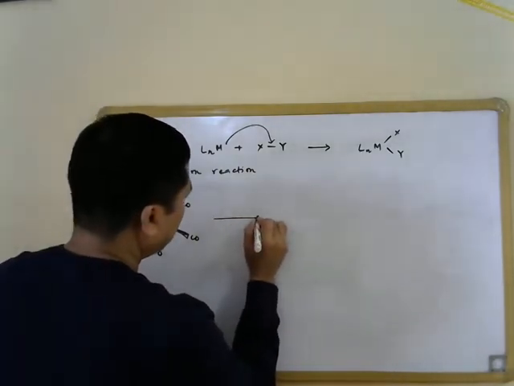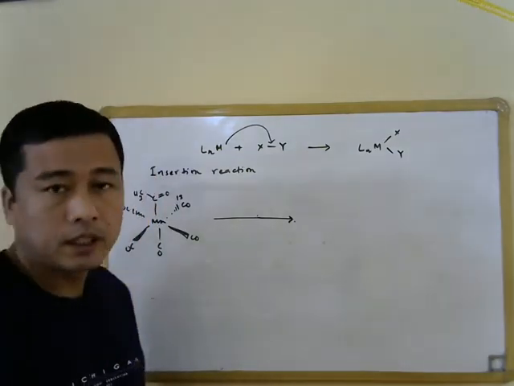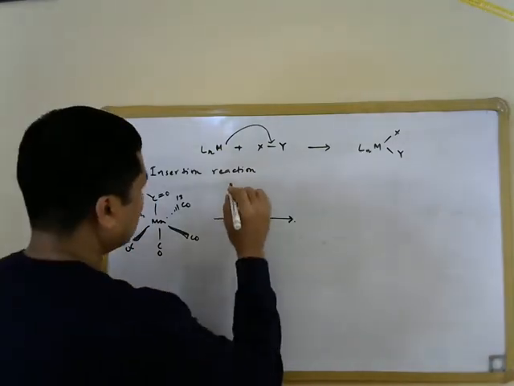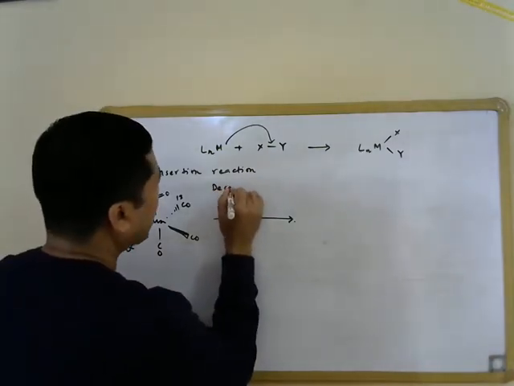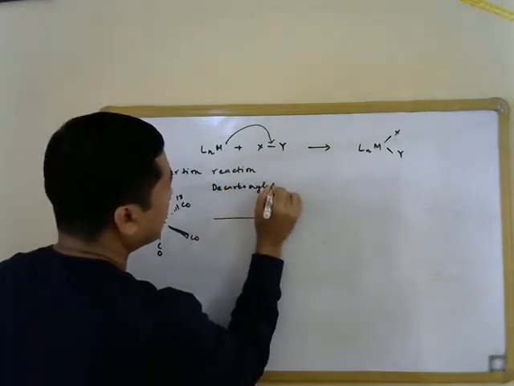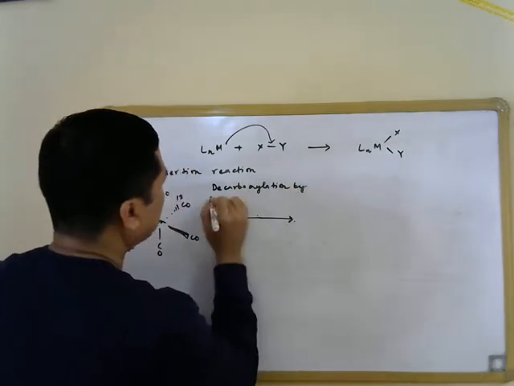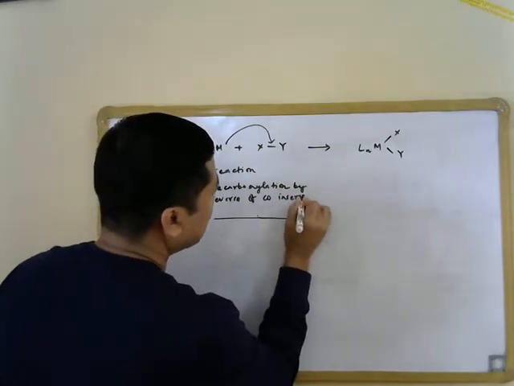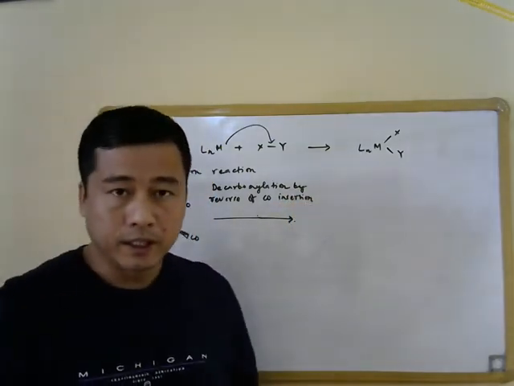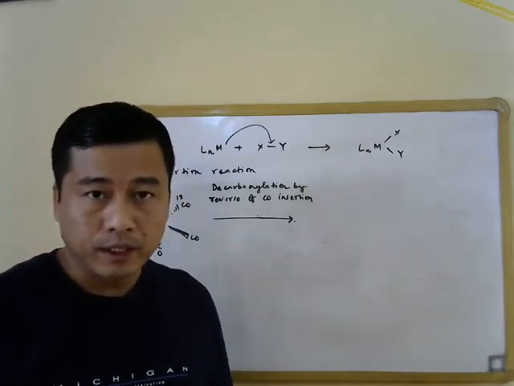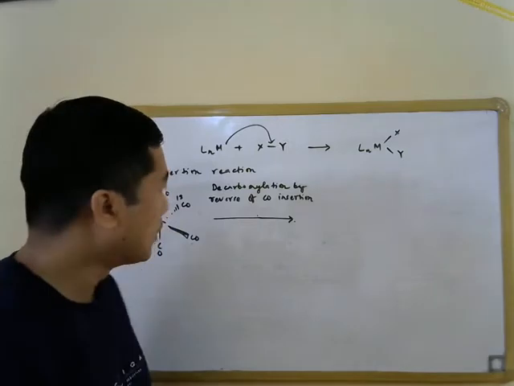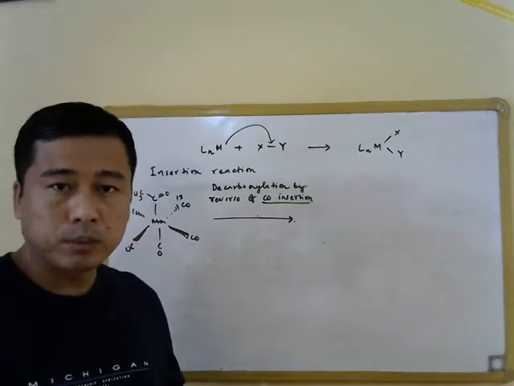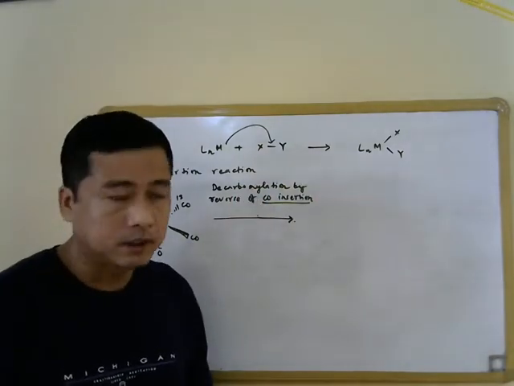Now, if the decarbonylation happens through the reverse of CO insertion, that is, if we assume that the forward reaction, the insertion reaction, takes place by CO insertion instead of methyl migration, then the decarbonylation reaction will proceed by the reverse of CO insertion reaction.